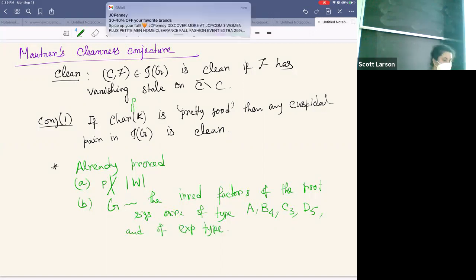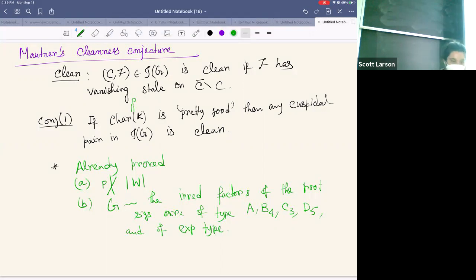So it has been proved in these cases, and it is still unknown for the general case.